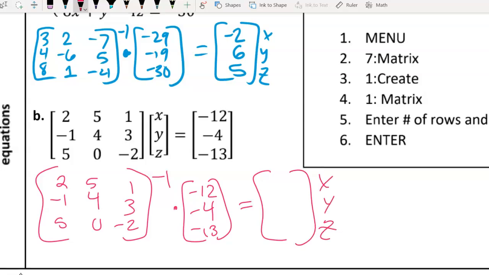All right, go ahead and put it in your calculator. And we should get -3 for x, -1 for y, and -1 for z.